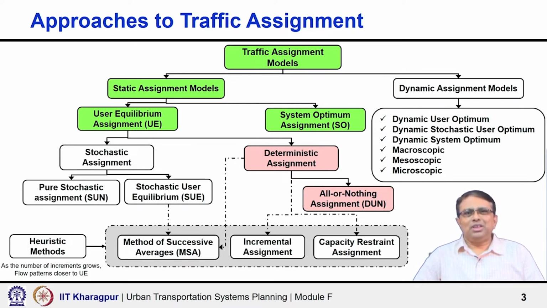So, we go with different heuristic methods to get the solution for user equilibrium, that is, what the flow distribution and the time would be. The first and simplest one under this deterministic assignment is the all or nothing assignment.